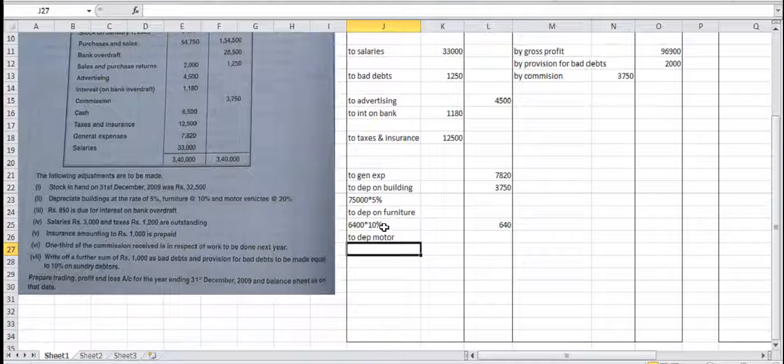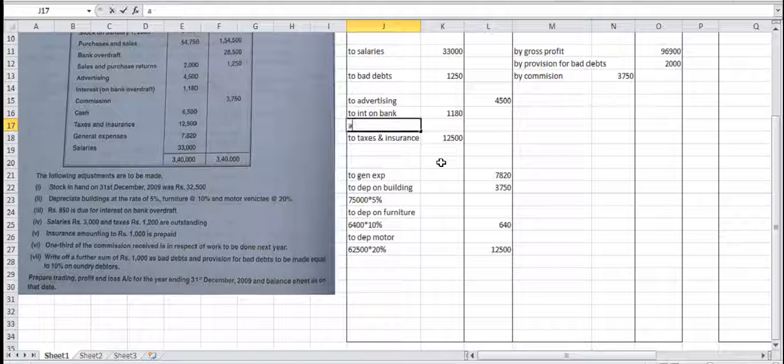So 62,500 into 20%, you will get 12,500. Okay, these are the depreciations. Now if we go for further entries, 850 is due for interest on bank overdraft.